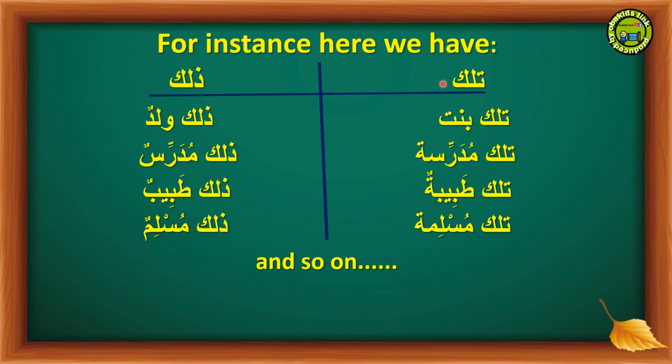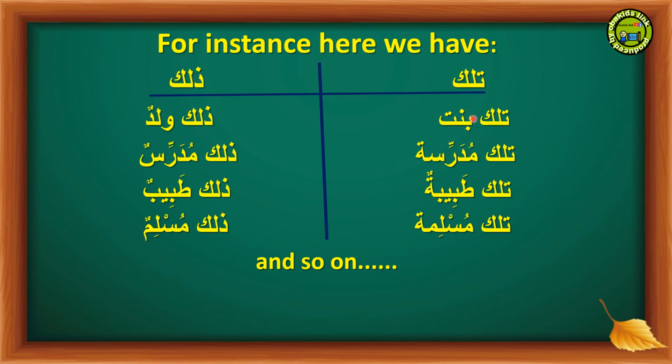For instance, here we have Tilka. Tilka is a singular feminine demonstrative pronoun which means that. It is also used to point to a singular feminine far object. And Zalika. Zalika is a singular demonstrative pronoun which means that. It is also used to point to a singular masculine far object.